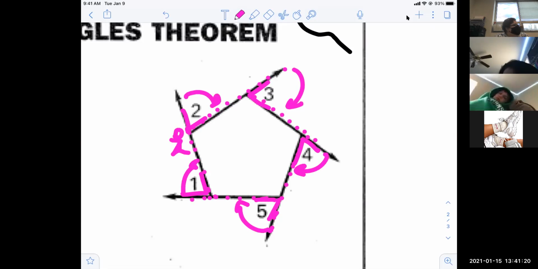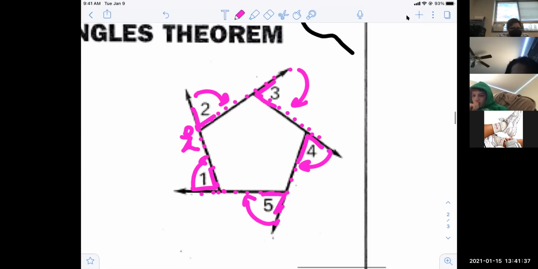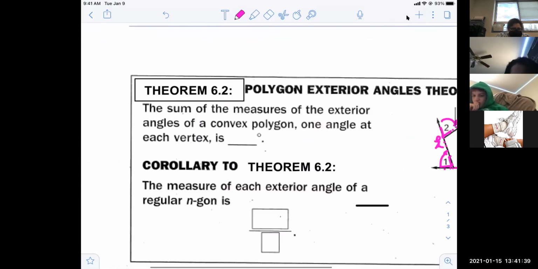Can you see how that's a 360-degree rotation? Why? Yeah, it's an entire circle, right? If you do 5 rotations all the way around and come back to where you were, you've gone 360 degrees. That's why it makes sense that the sum of the exteriors is always 360.